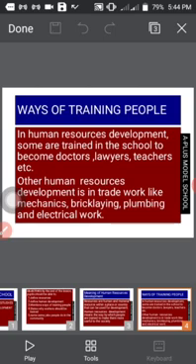Some people will say, I want to become a doctor, I want to become a lawyer, I want to become a nurse, an architect, and so on. That's that about that. And other human resources development is in trade work, like mechanics, bricklaying, plumbing, electrical work, carpentry work, and so on.